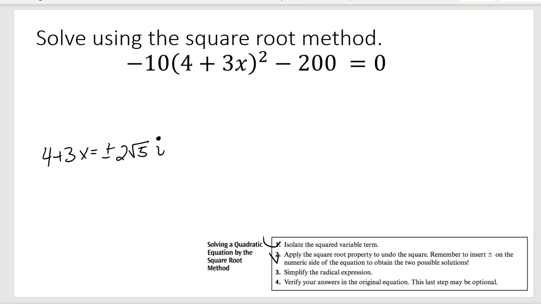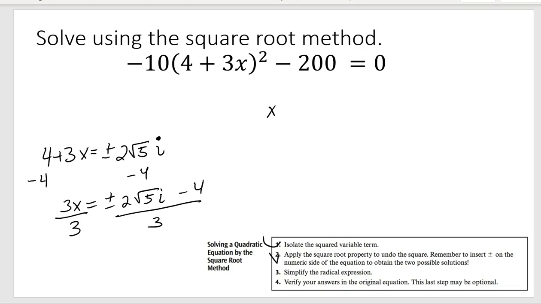We're not done yet. We have to get the x by itself. Remember, that's what our goal is. So I'm going to subtract 4 from both sides. And then I'm going to divide by 3. So I'll end up with x is equal to plus or minus 2 square root of 5i minus 4 divided by 3. Now, typically we put the real number first.